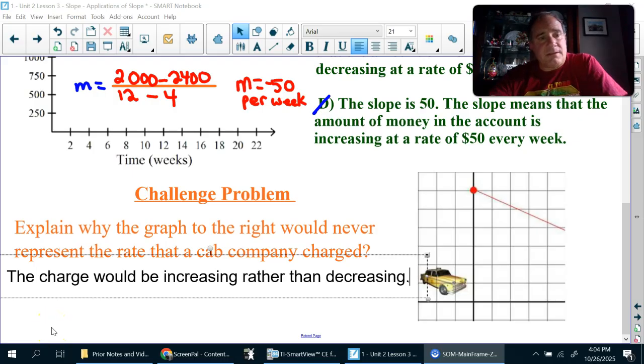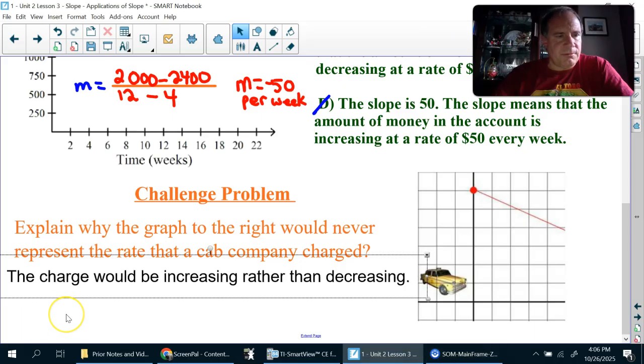And that's exactly what I put there. The charge would be increasing rather than decreasing, so you're not going to have a negative slope. And that is basically it. The charge would be increasing rather than decreasing.